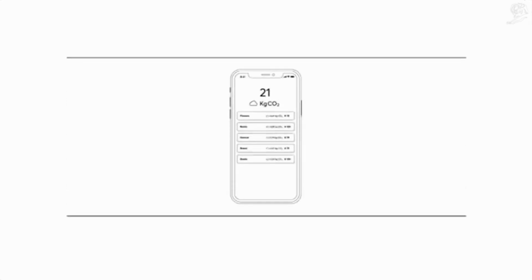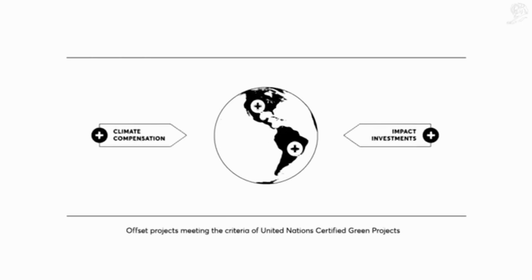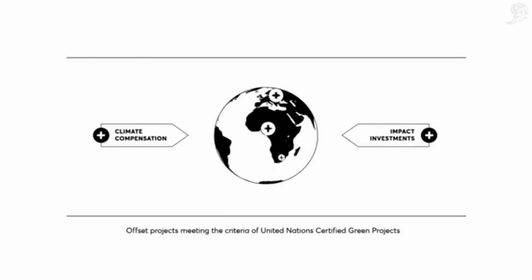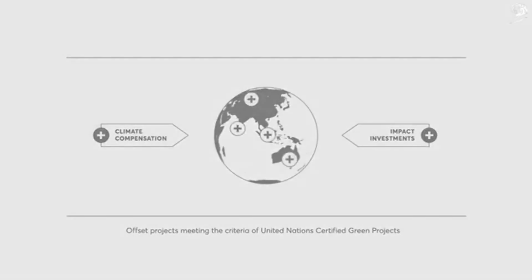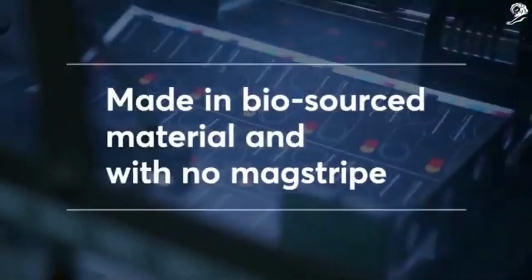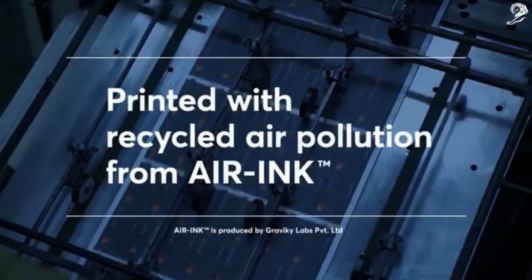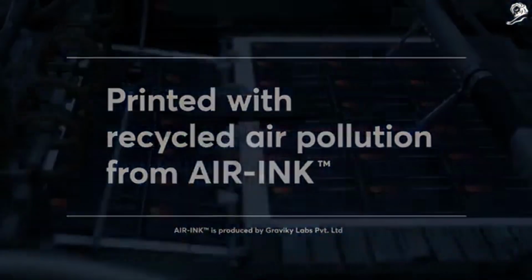The Do app is connected to a credit card that enables users to track and measure their carbon footprint from each purchase and to compensate for its impact day by day. This spring, Doconomy took its fight against climate change one step further by adding a premium credit card to its offer.